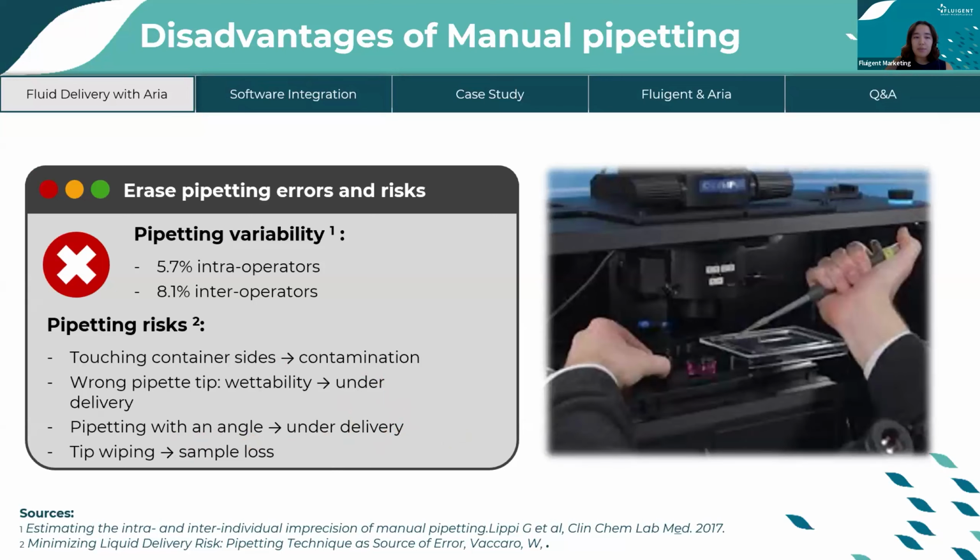And beyond that, we also have pipetting variability. It is known that even experienced users have 5.7% intra-operator variability and 8.1% variability between users.